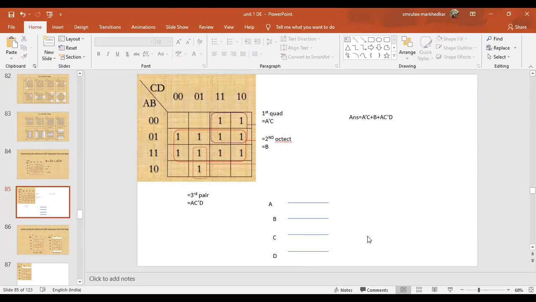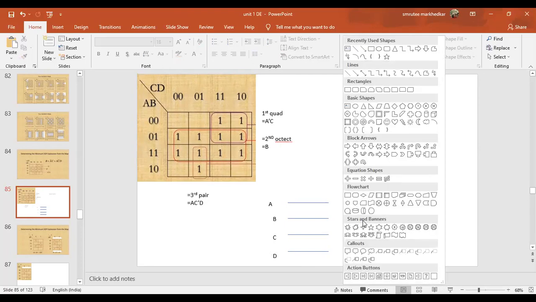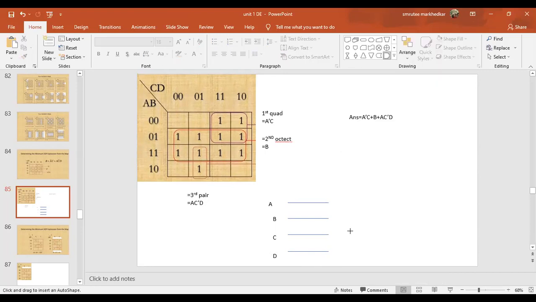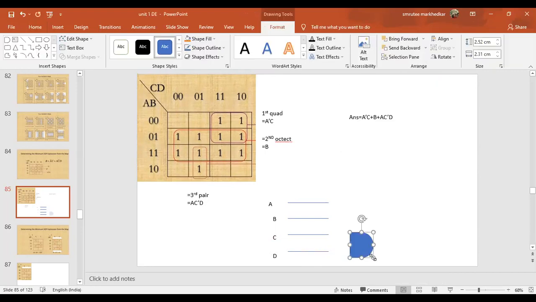You can see that A, C bar, D comes together. Which gate is there here? An AND gate. So we can directly take the AND gate from here, and I will place the AND gate here. Now what else do I need? I need a NOT gate again.